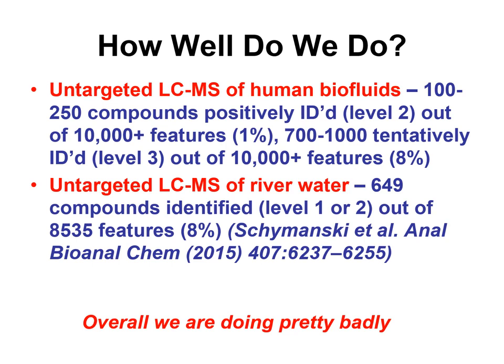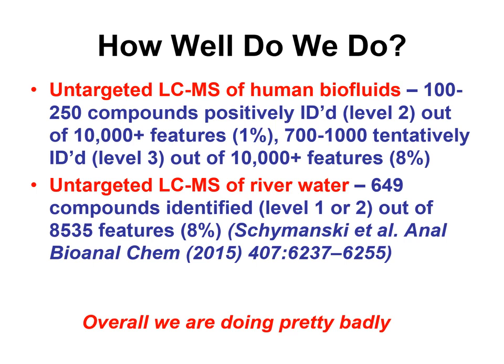When it comes to compound identification at level 2, when people are analyzing human biofluids with untargeted LC-MS, typically the better labs are able to get between 150 and 250 compounds that reach level 2 out of perhaps 10,000 features they see. Using formula matching, typically they can get between 700 and 1,000 tentatively identified compounds, again out of 10,000 features. So that corresponds to a very small fraction of the actual number of features seen.